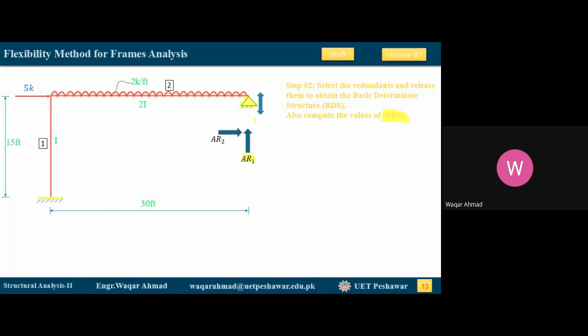But as we are given that we have no support settlements at this C, neither downward nor upward, it means that the first value of the DRS matrix, corresponding to redundant action number 1, will be 0. So we wrote here that the DRS1 value is 0.